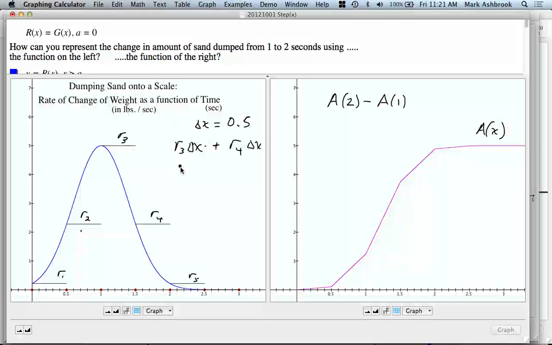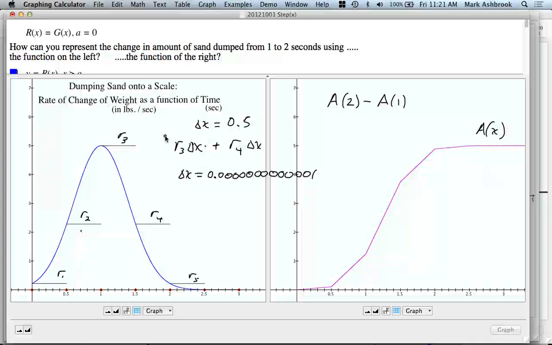Okay? Now I want you to do the same thing again for, what if delta x was 0.000000000000001? Can you represent the change in the weight of the sand from 1 to 2 seconds? Melody?